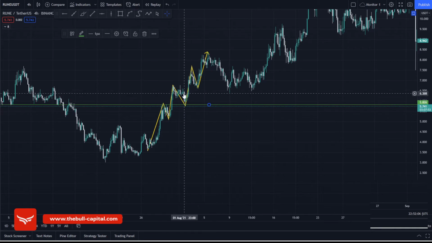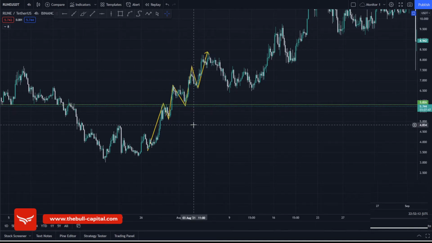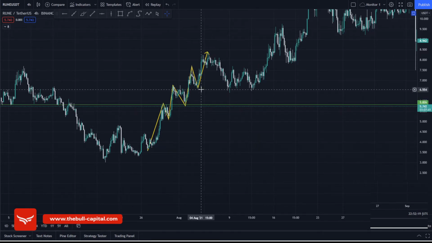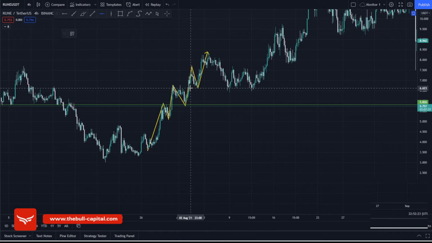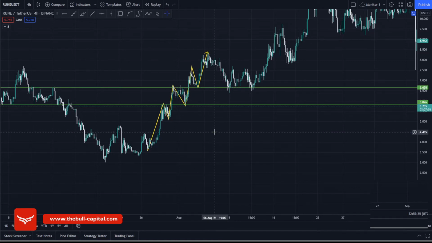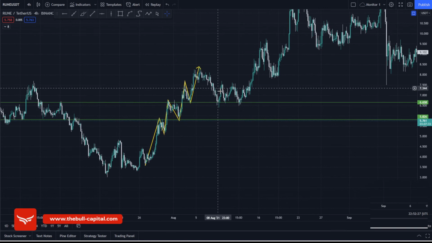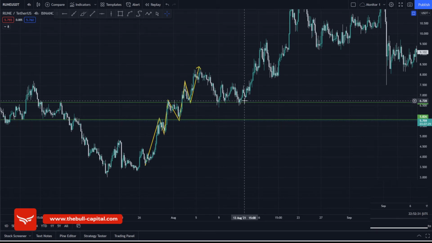So now, because the move is above this level, it's going to act as support. And also the next one, the same thing. And if you see here, it's actually holding the price.